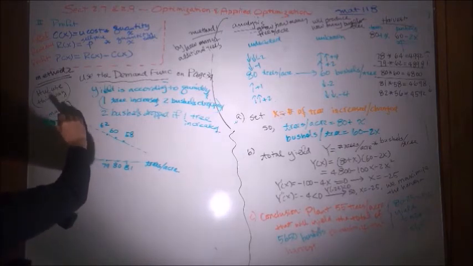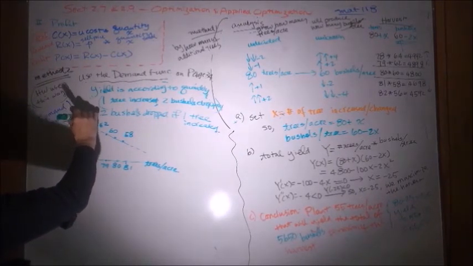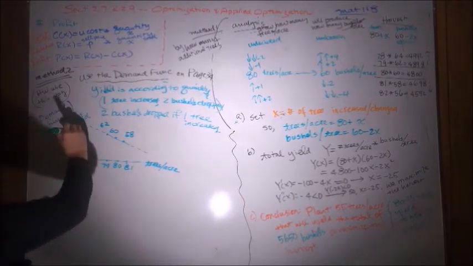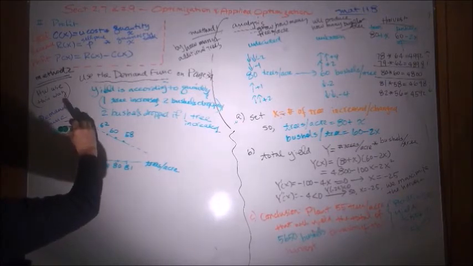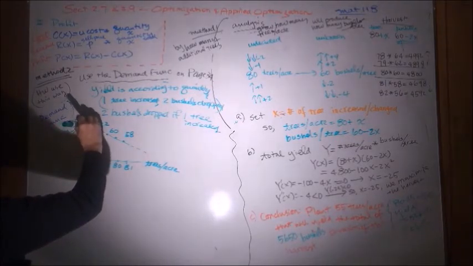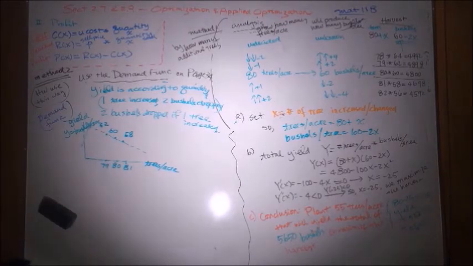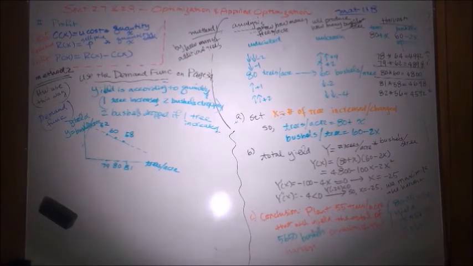Then the yield is your Y. Y actually is how many bushels per tree, right? Then how are we going to write the demand function?